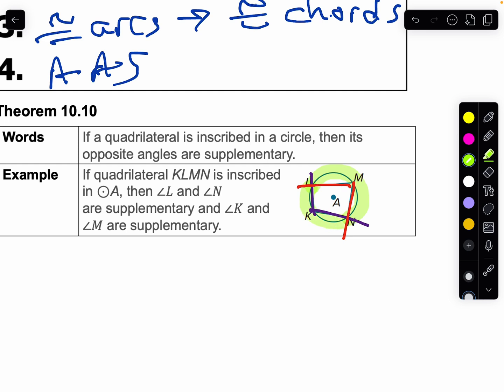Notice between those two of them, it's the whole circle. So the angles across from each other are half of 360, which is 180, and we know they're supplementary. That goes for both pairs. The opposite angles, M and K, are supplementary. The opposite angles, L and N, are supplementary.